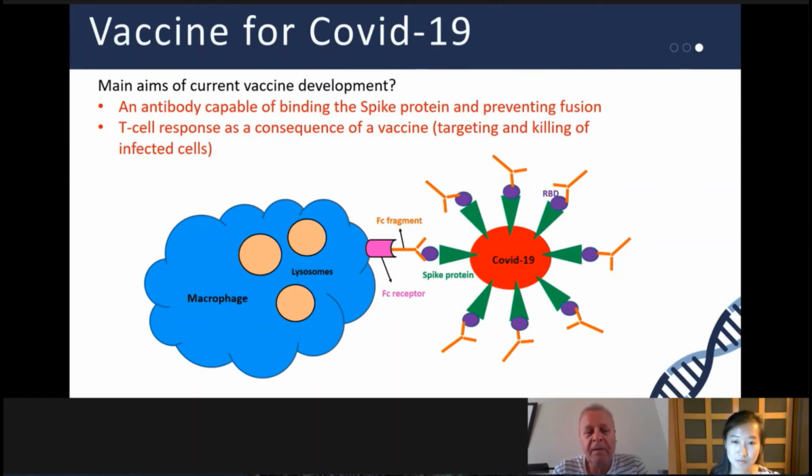In addition, ideally, a vaccine should also trigger T-cell responses to the virus, which are also highly specific. So those are the aims of an efficient vaccine. So we can all just hope that one comes along soon.